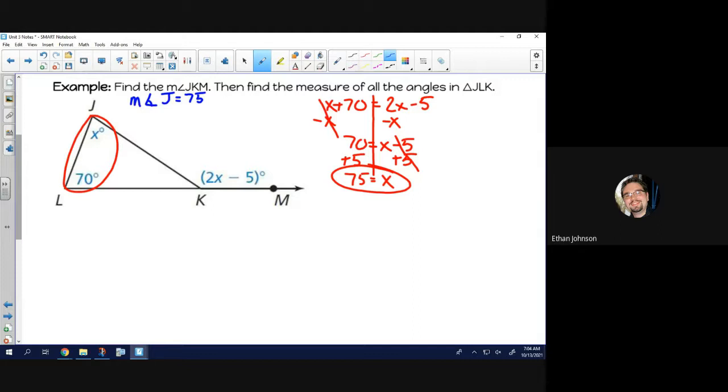And then to find that third one, the measure of angle JKL, we're going to need to do 180 minus 70 minus 75. Doing so, we end up getting 35 degrees.